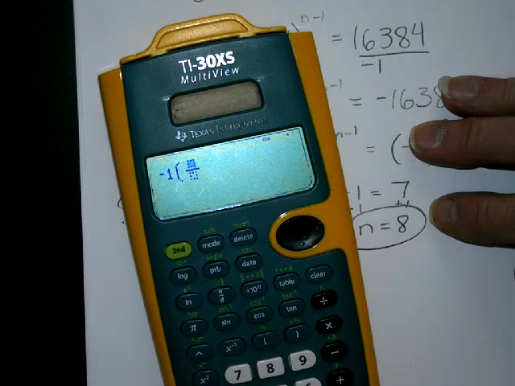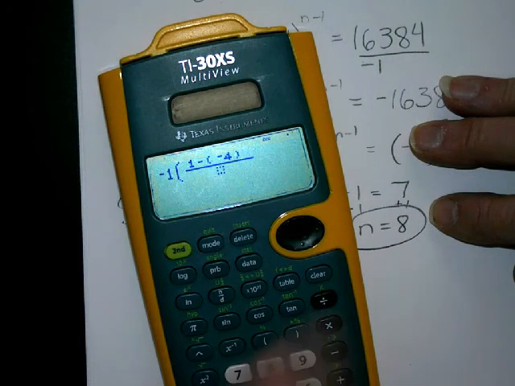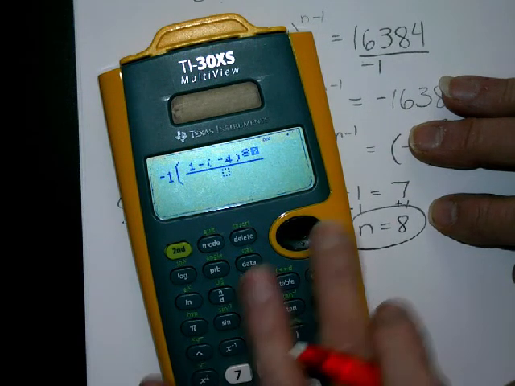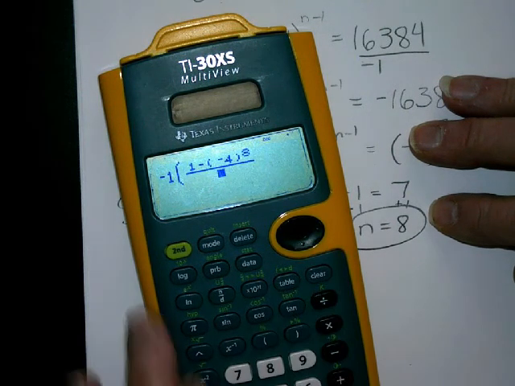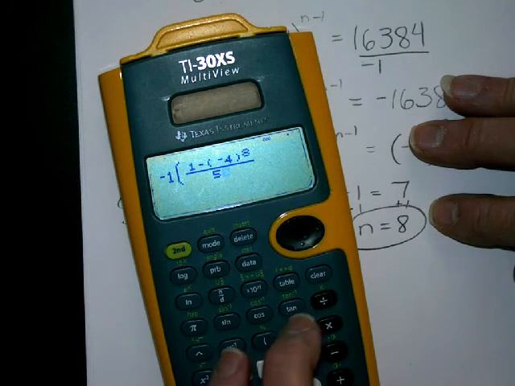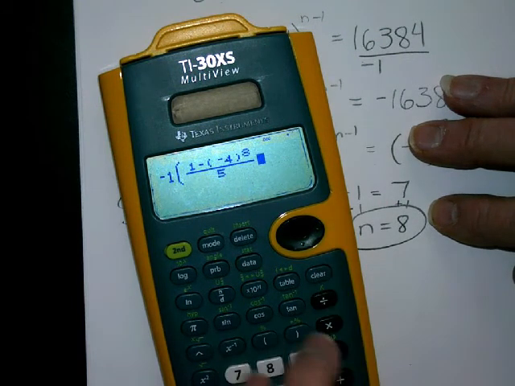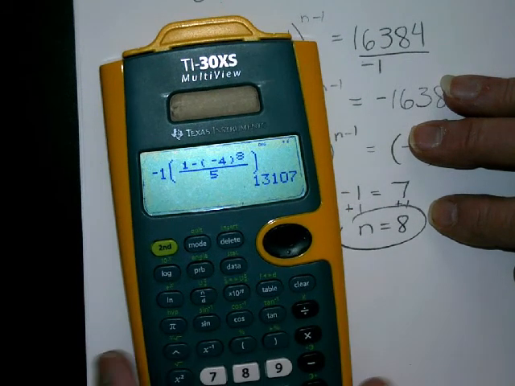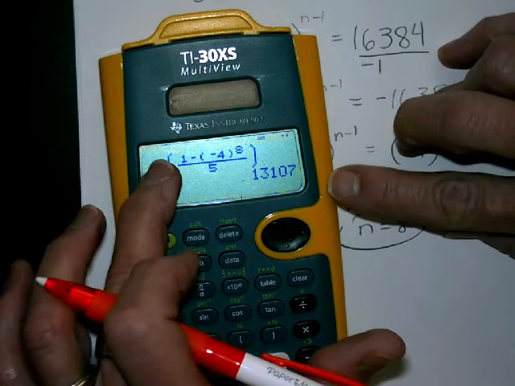So calculator, do the mathness. I take a negative 1 times, it's just going to make the fraction negative. Then I have 1 minus a negative 4 to the 8th. Down at the bottom, it's 1 minus a negative 4, which is 5.